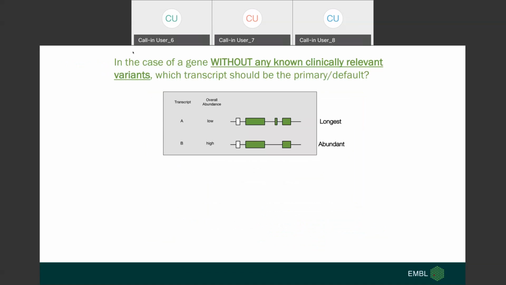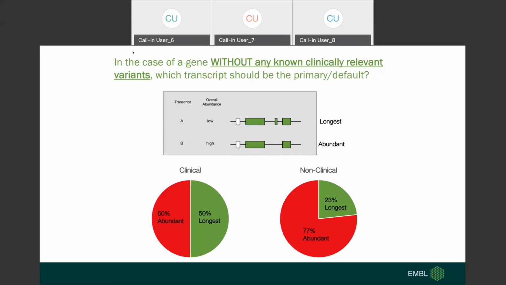And here we gave two choices. You can either go with the longest, that was choice A, or go with the most abundant, that's choice B. And what's interesting immediately was that there were differences of opinion. So the clinical people who self-define as members of the clinical community were about 50-50. You could go either way, abundant or longest.